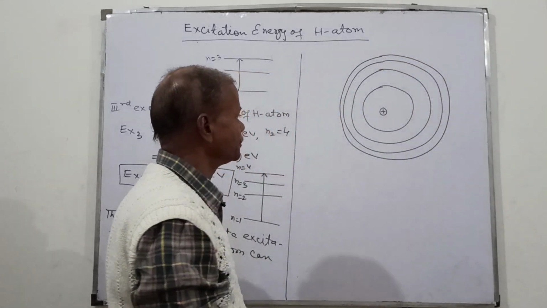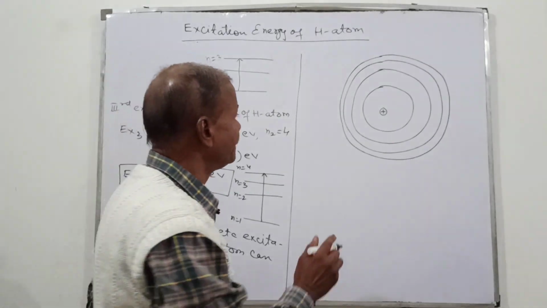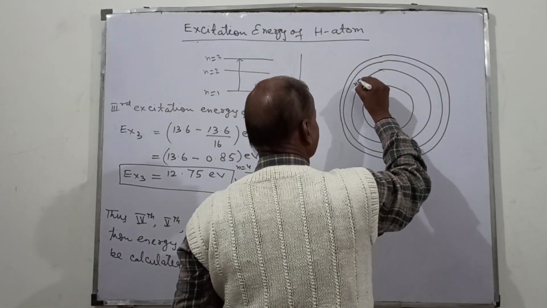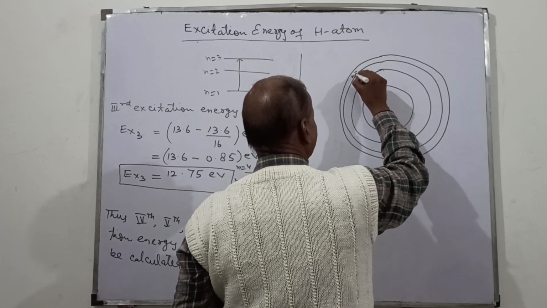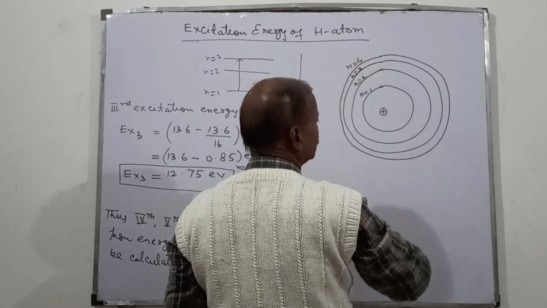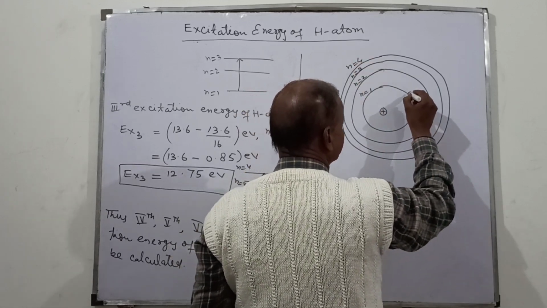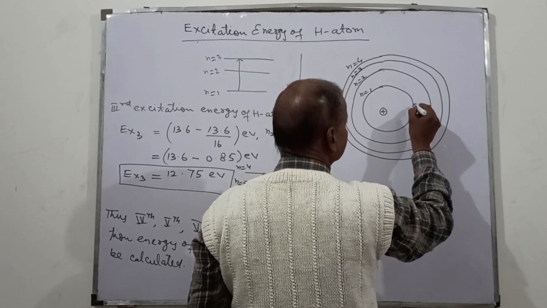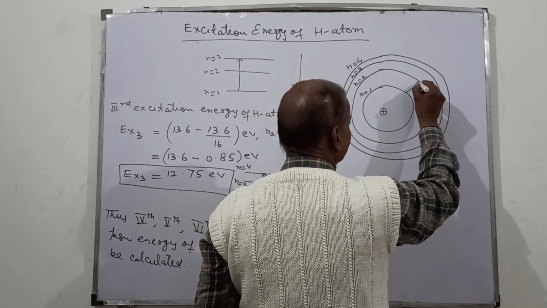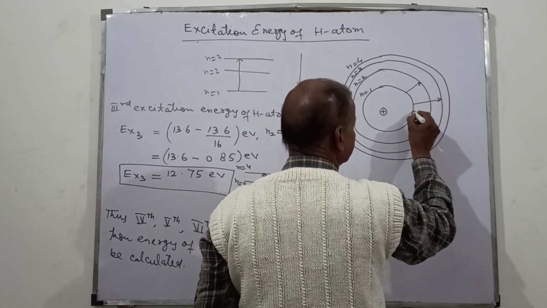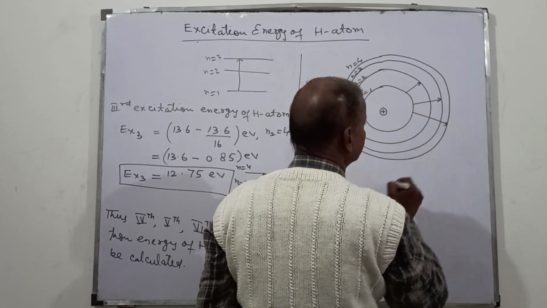Here this is n equal to 1, n equal to 2, n equal to 3, n equal to 4. So now from this we go to this energy state, this energy state, this energy state.